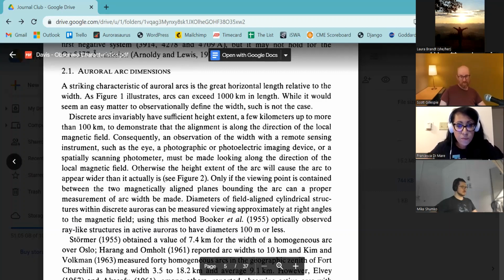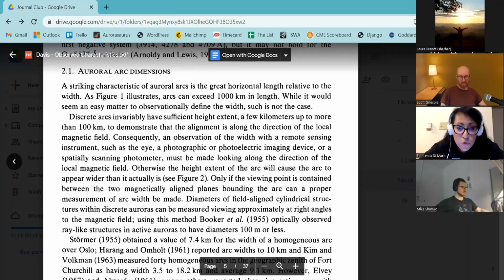See Figure 2. Only if the viewing point is contained between the two magnetic alignment planes bounding the arc can a proper measurement of the arc width be made. Diameters of field-aligned cylindrical structures within discrete auroras can be measured viewing approximately at right angles to the magnetic field.